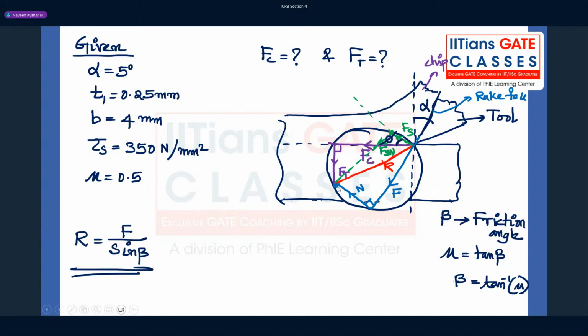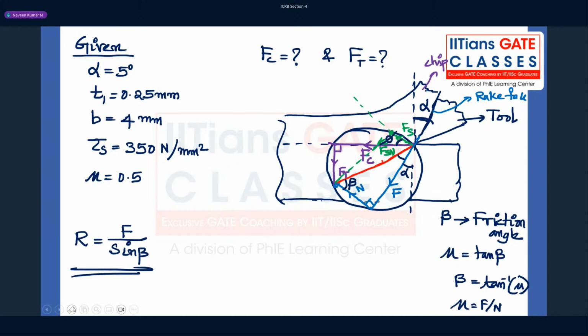So if you take this triangle here, for that we need to have some angles drawn. Let me do that for you. If this is alpha, I can say this also is alpha. Beta is nothing but this. Of course, you know that mu is F by N, so beta is this. As this is beta, I can say this is 90 minus beta. Let me not clutter this.